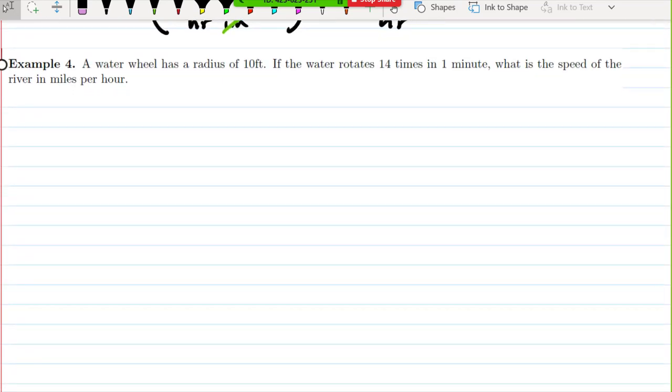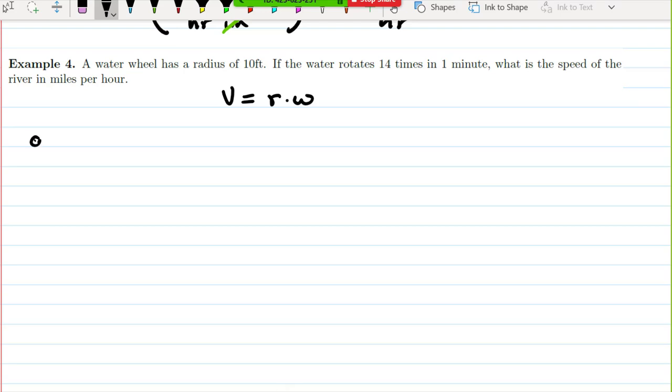So it says a water wheel has a radius of 10 feet. If the water wheel rotates 14 times in 1 minute, what is the speed of the river in miles per hour? So once again, we're going to want to use the formula V equals R times omega.